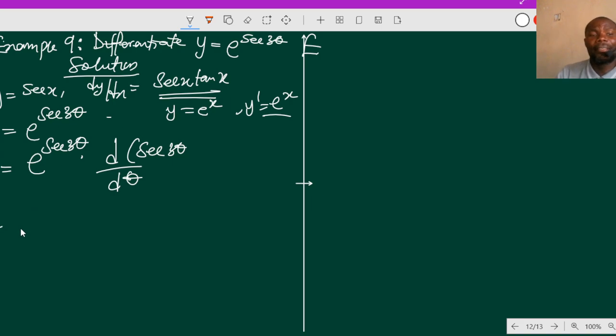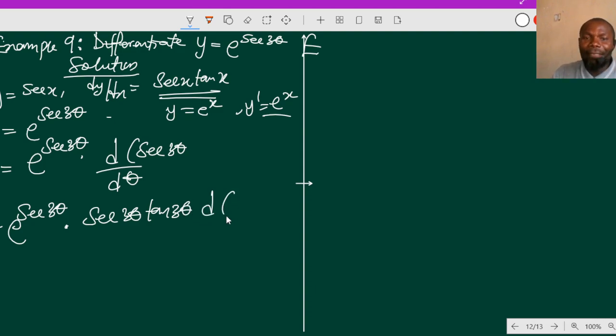So it means e raised to power sec 3 theta times the derivative of sec 3 theta on its own, which is sec 3 theta tan 3 theta.